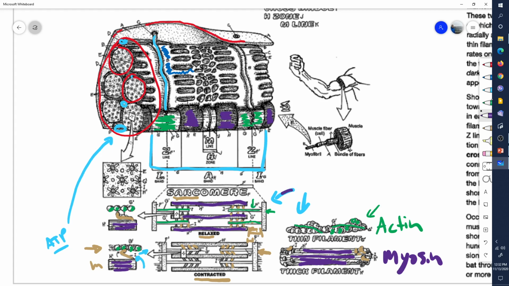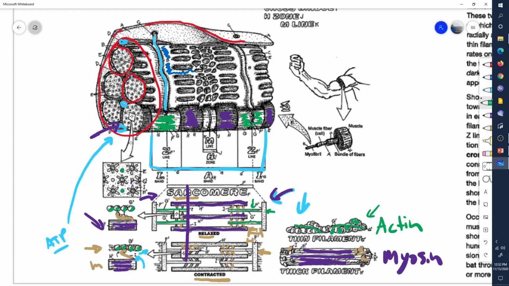So all of this is happening in these sections right here. And you can see, if you were to slice this in half like so and look at it from this end, you would see this. You can see the thin actin fibers here and here.